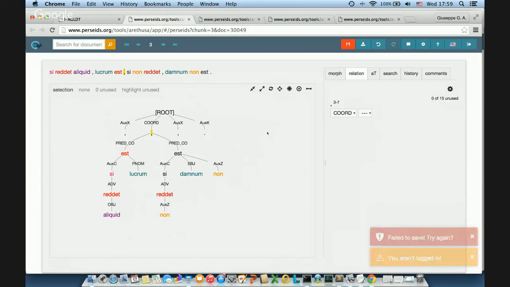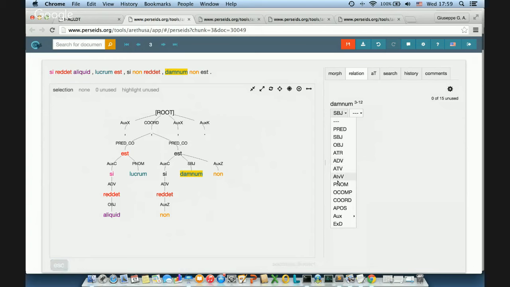Again, I'm not logged in, so this is why I get that red message, but don't worry. I'm not talking here about the annotation of the commas. This is not really very important right now. I wanted you to focus on the main points of annotation. And of course, damnum is an object here again.